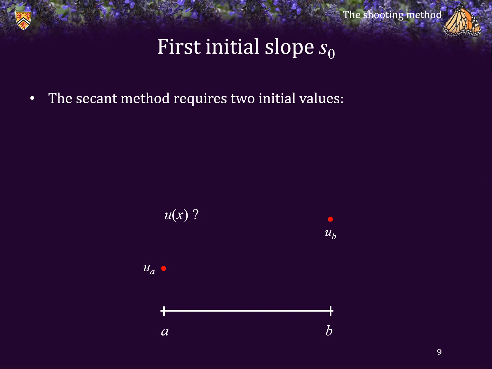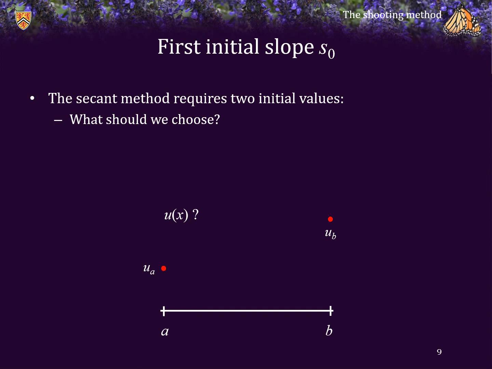Now, the secant method requires two initial slopes, or two initial values to start working with. So we don't know what the solution is, but say we have these two endpoints as being the boundary values that we are seeking. So what should we choose as an initial slope?